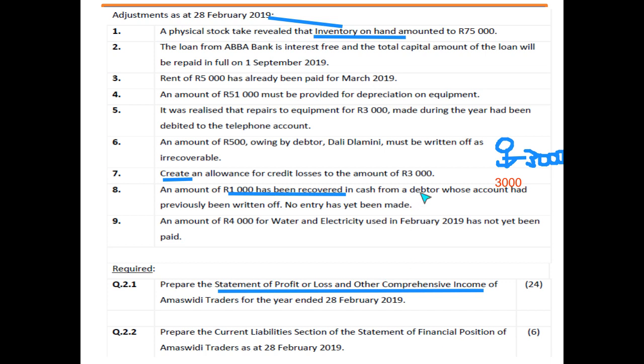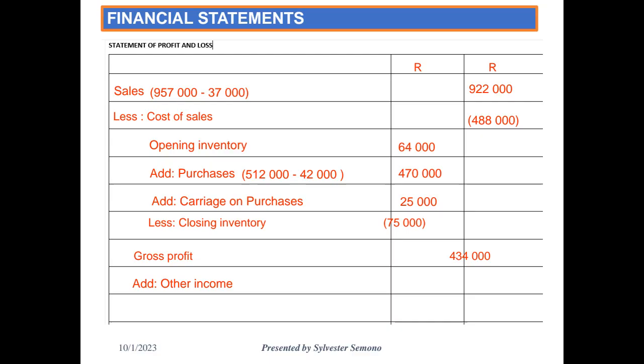If someone has been written off, remember, if you write off someone, it's a credit loss, it's a bad debt. So if he comes back to pay you, can you say no to money? No. We call this credit losses recovered. You understand what I mean? It's an income to us, so I'm going to put it under incomes.